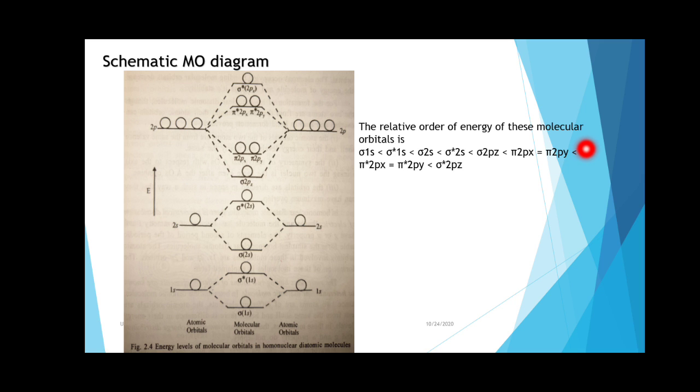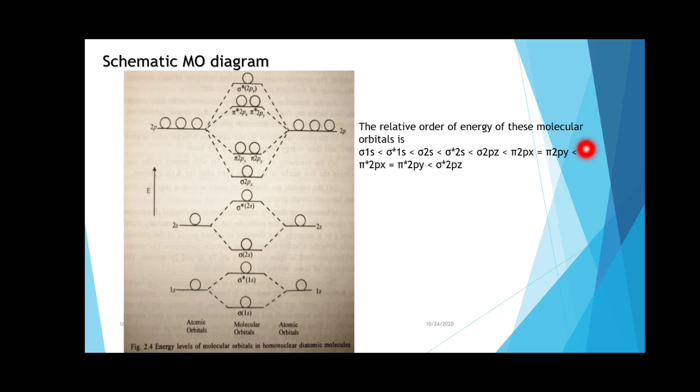The second type is anti-bonding molecular orbitals, which are always represented by a star. These are higher in energy as compared to the bonding molecular orbital as well as the respective atomic orbitals.